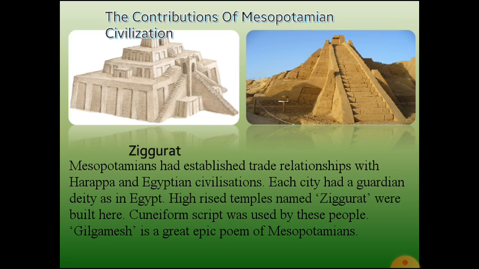Gilgamesh is a great epic poem of the Mesopotamians. He was a king. Later the poem became inscriptions, and it was an inscription and also an inspiration for the coming kings.